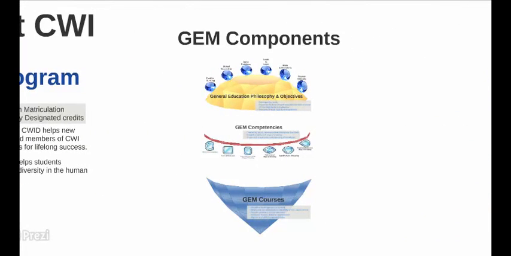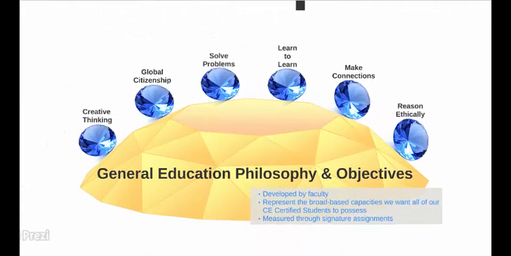The majority of the general education program consists of GEM courses. And we'll begin with the explanation of GEM course alignment with the crown of our stone. The crown is the uppermost part of the GEM. It is the sparkle that we see, and it is represented by our faculty-developed GE philosophy and objectives.